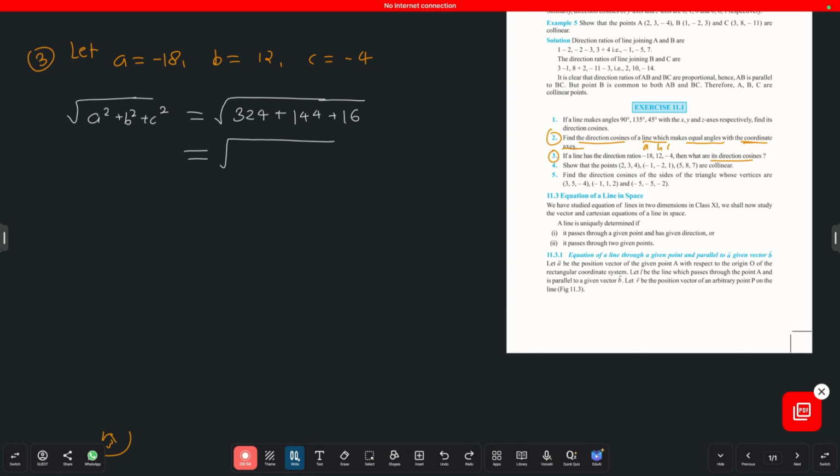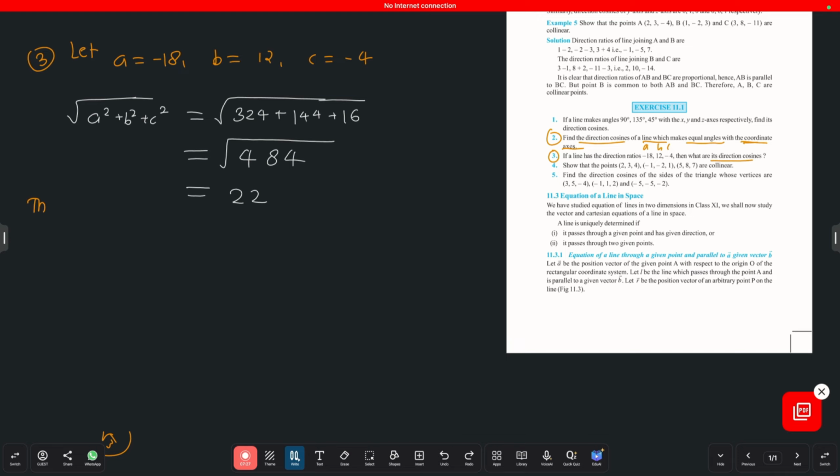Then simplify: 484, root is 22. Correct? It is a perfect square.